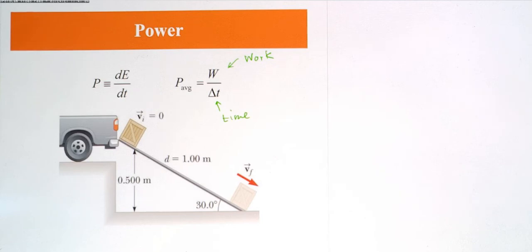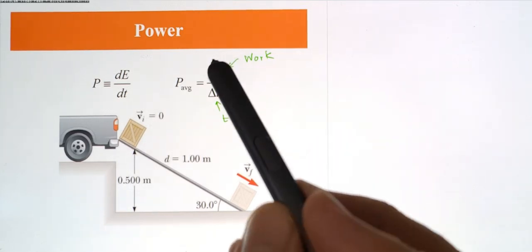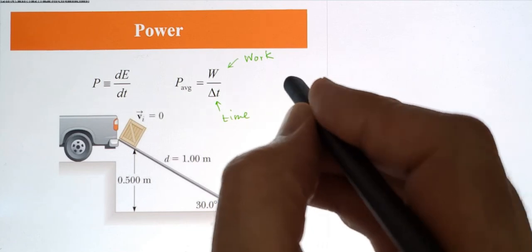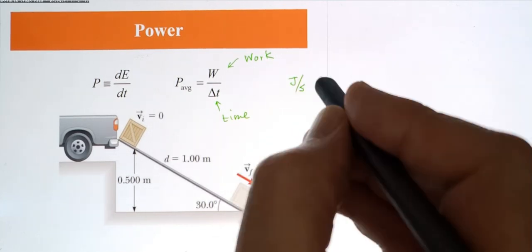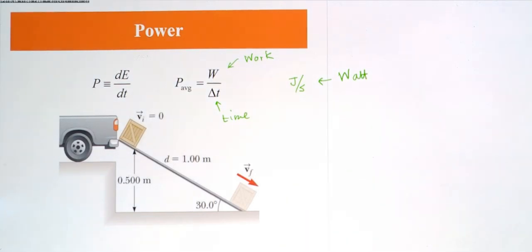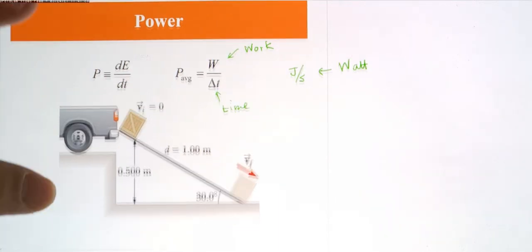That is power. So the unit of power is joule per second. Joule per second, and we call this watt.